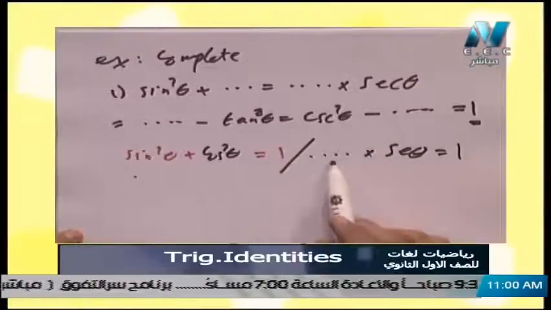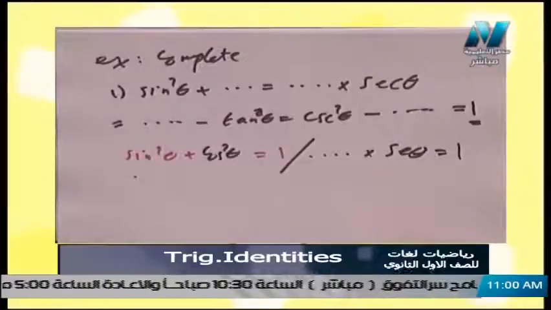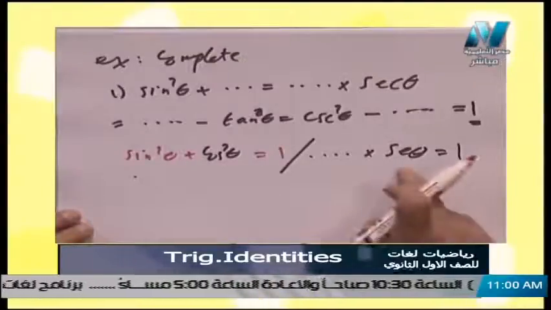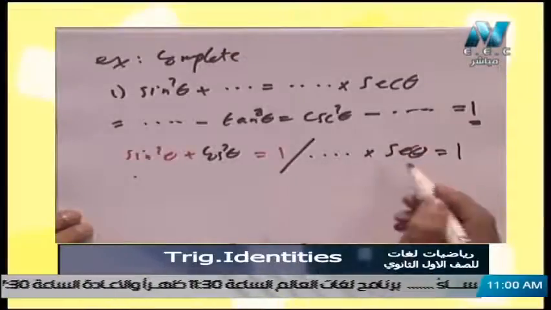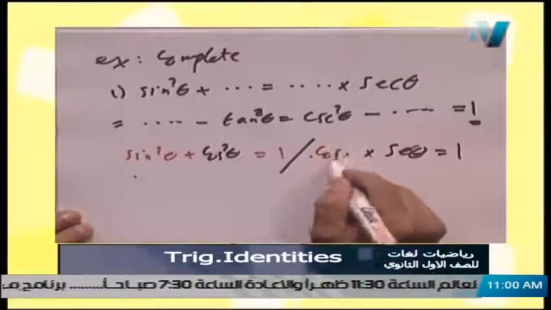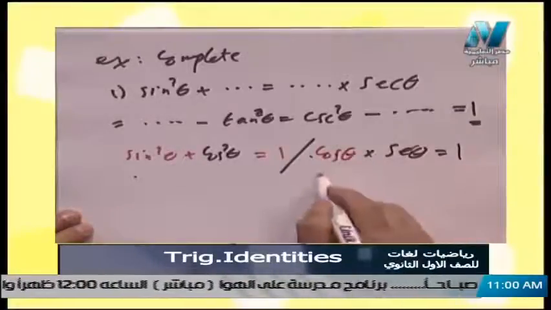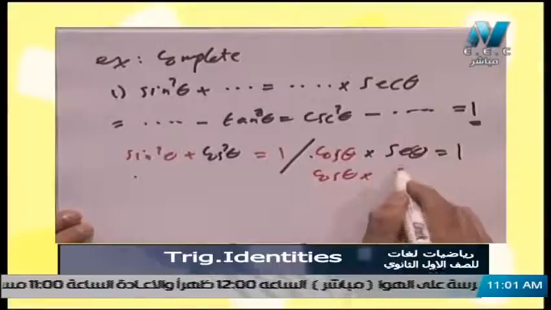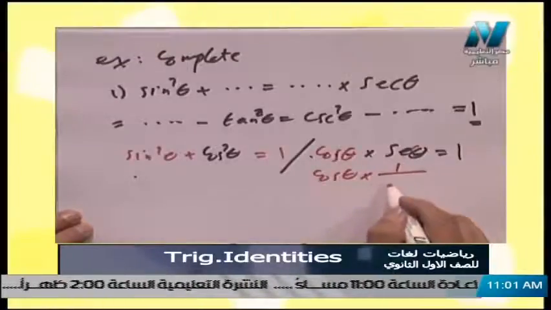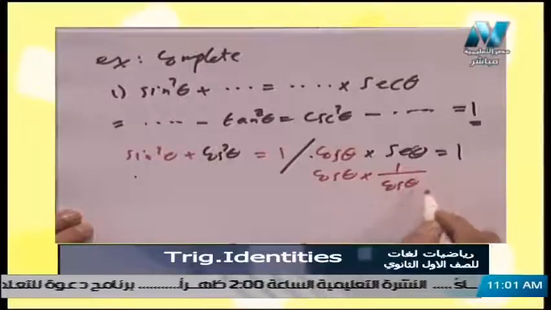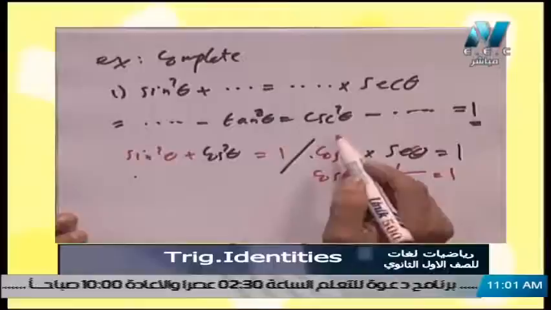So what multiplied by sec theta equals 1? Of course, the reciprocal of sec theta, which is cosine. Cosine theta multiplied by sec theta equals 1. Why? Because sec theta is the reciprocal of cosine, so it's 1 over cosine theta, so they equal 1. Okay, let's move to this one.